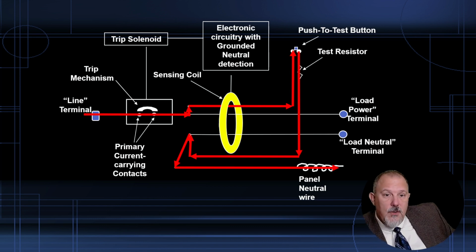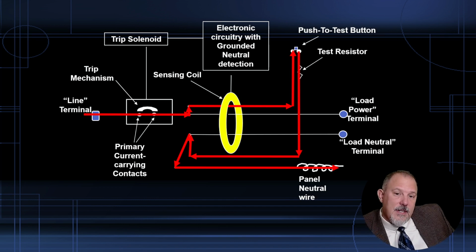If this was 2 hots and no neutral, and the current goes outside of those 2 hots to ground, there's no neutral, so you don't have that imbalance coming back over the neutral, regardless. As long as the current stays in the path. The moment the current goes outside the path, this is the condition that you get, and the circuit breaker will open. So I don't need a neutral for a 2-pole.